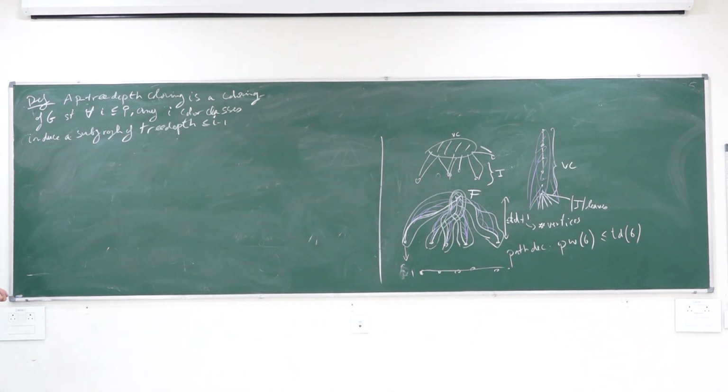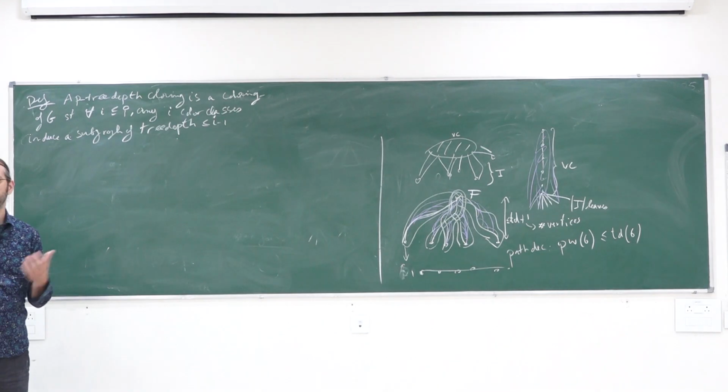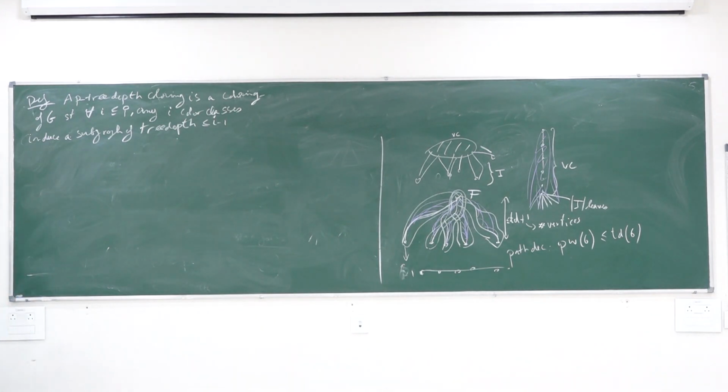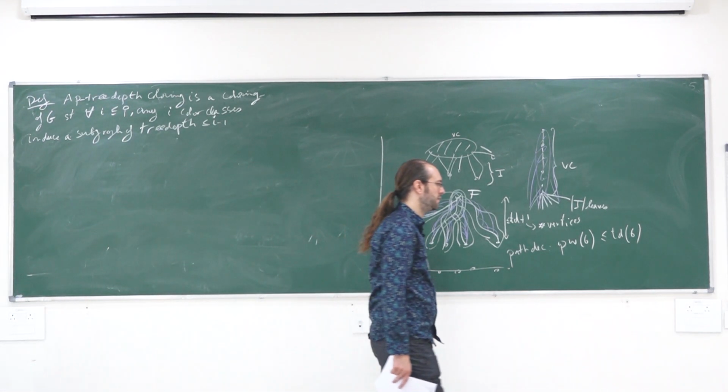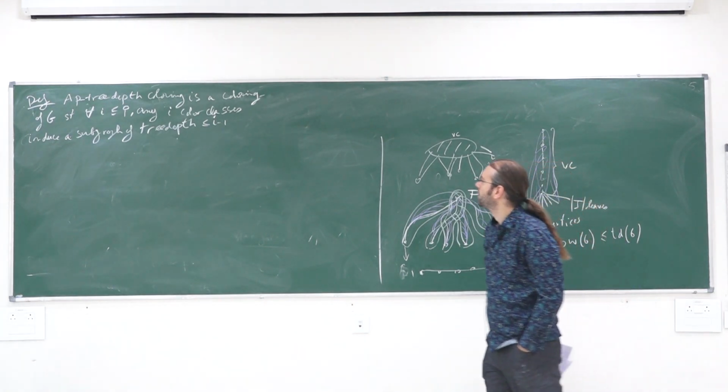So it's a p plus 1 coloring? No, the number of colors can be arbitrary. But you're fixing, this property should be for p. Okay. So for i equals 1, it should give me things of tree depth 0. So then I guess it's a minus 1.